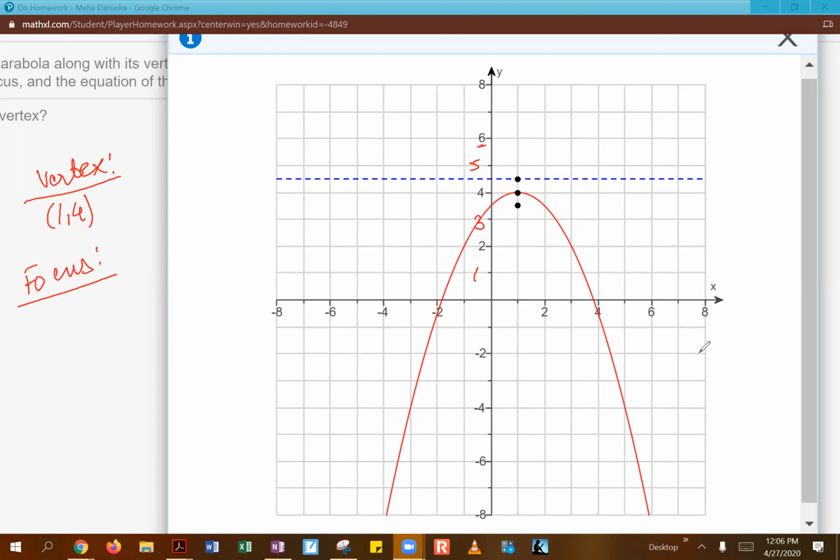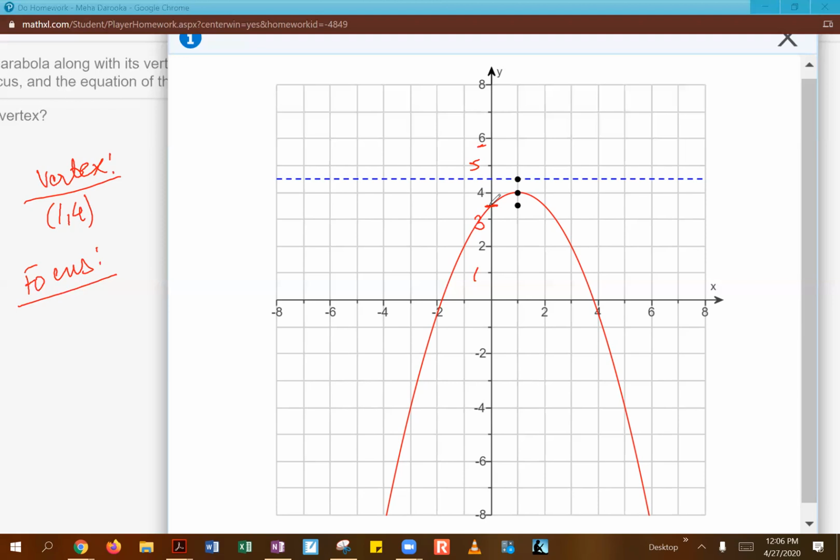Yeah, I feel like it would still be 1 and 3.5. Unless someone else. No, think about it. 3.5 would be here. It's between 3 and 4, right? But isn't that what you're wanting? Is that point right there underneath your vertex?